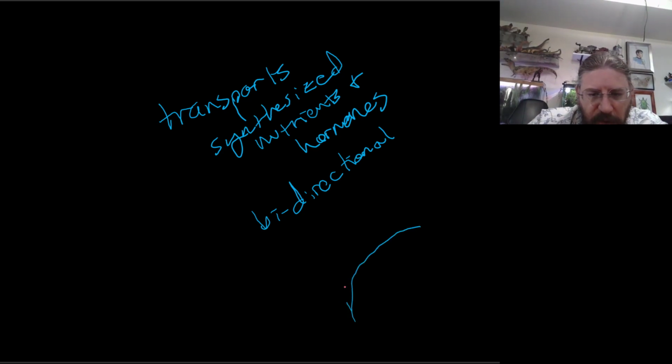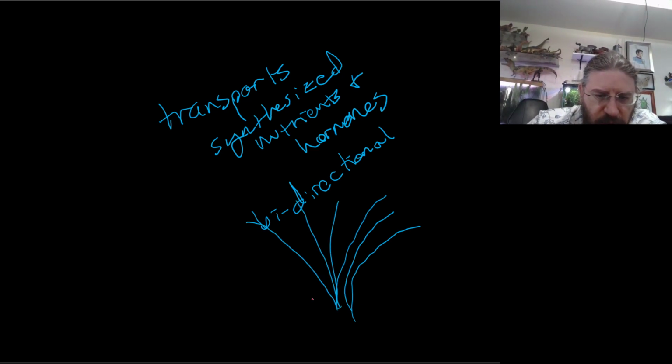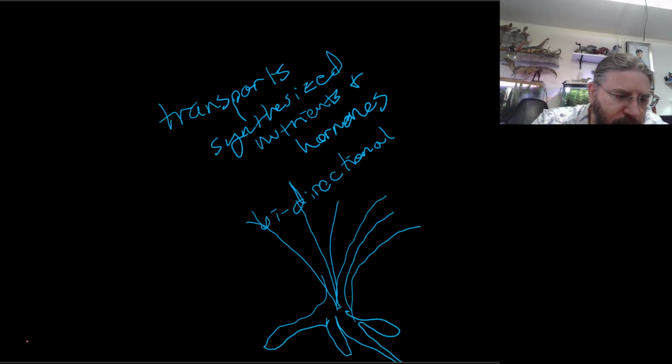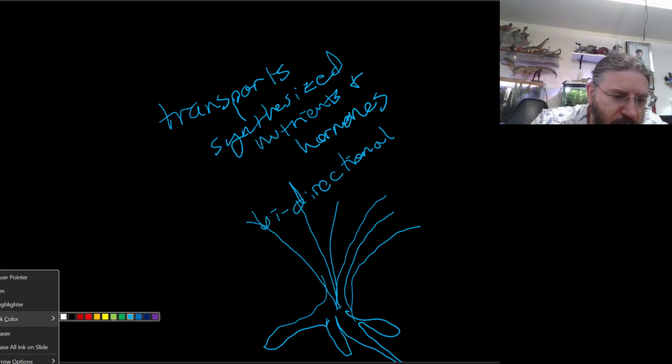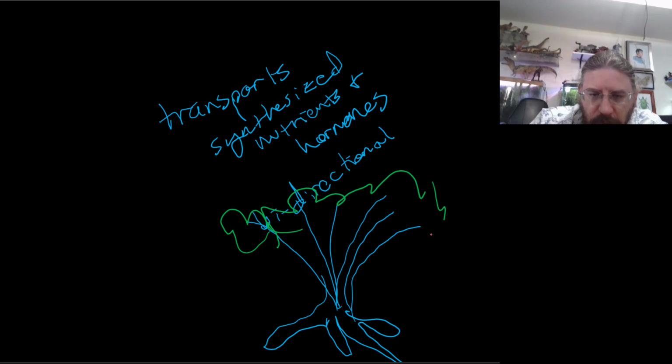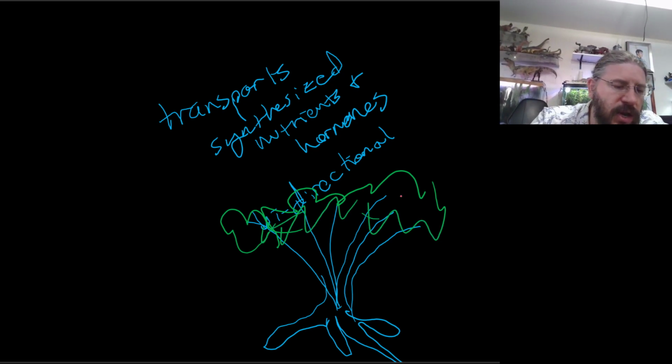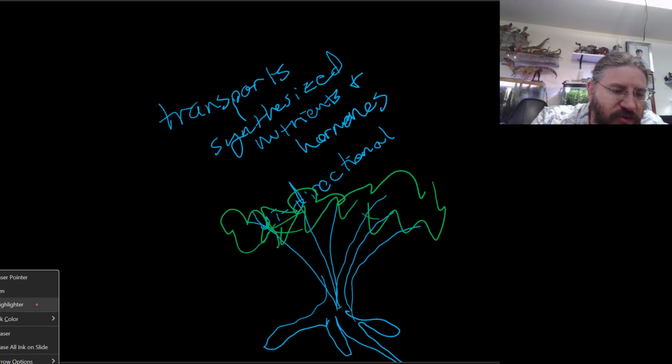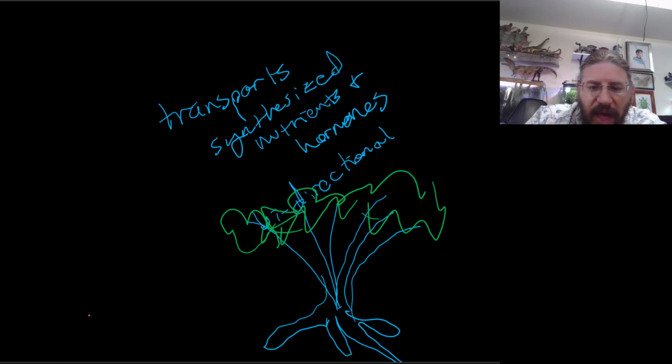You have your big tree here, and you're going to need to have nutrients circulating, not just from the leaves back down to the roots, but also from branch to branch.